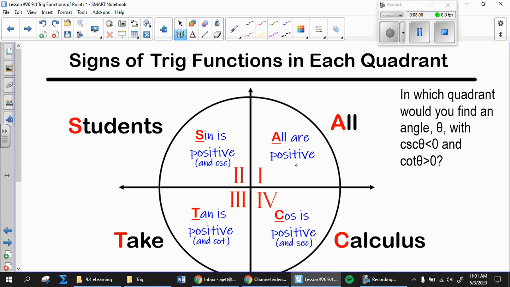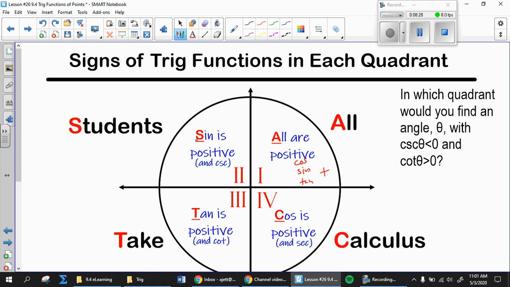And so this first quadrant here is All. Well, that means that all of our trig functions, cosine, sine, and tangent, I don't know why I wrote those backwards, are all positive. Well, that means secant, cosecant, and cotangent are positive as well.